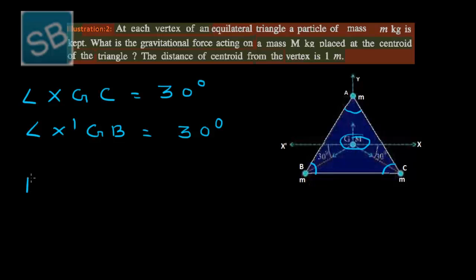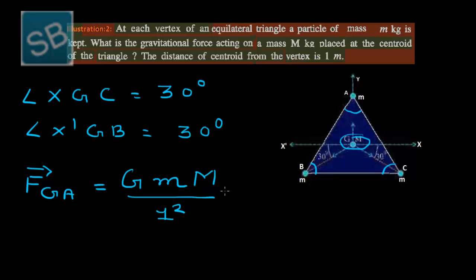So now the force on the particle at G due to the particle at A. Mainly we are finding this value, FGA vector is equal to, the gravitational constant as it is, the particles having mass m and capital M, divided by the distance. Here the distance between particle G and particle at A is 1. So 1 square into j cap; only the direction j cap comes.